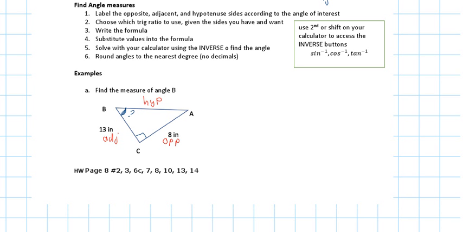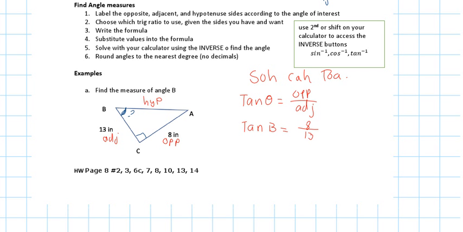Opposite and adjacent. So which trig ratio do I use? Tan. So tan theta equals opposite over adjacent. We're going to fill out the information. So tan theta, or tan B in this case, because I'm looking for angle B. Opposite is 8 over 13.